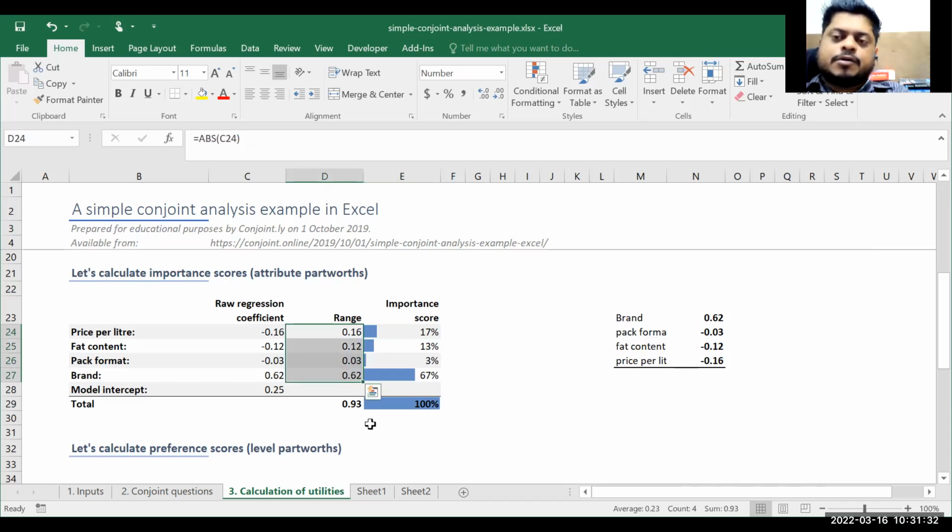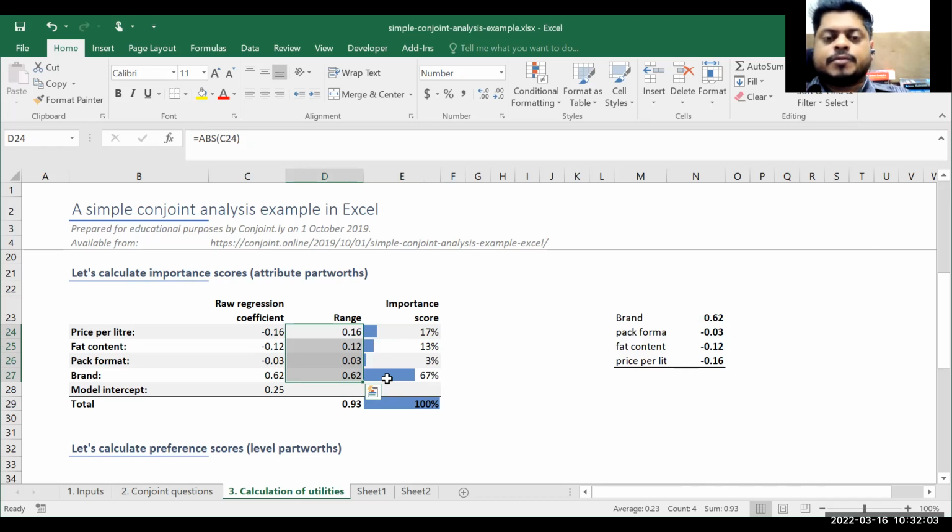So I'm relatively trying to compare. Obviously, I'm not interested in the model intercept. I'm interested in these four attributes only: price per liter, fat content, pack format, and brand. Which is the most important attribute? Brand comes out as the most important attribute, as it is what most impacts whether the customer chooses that product or not.